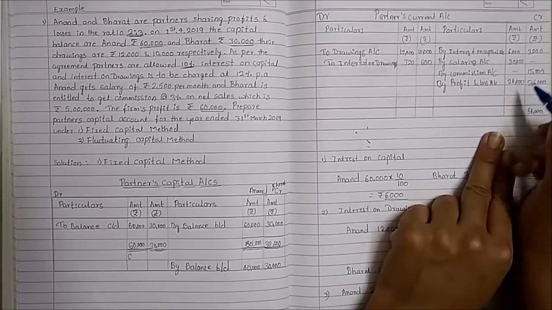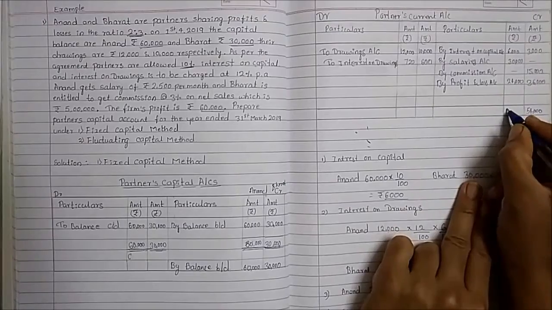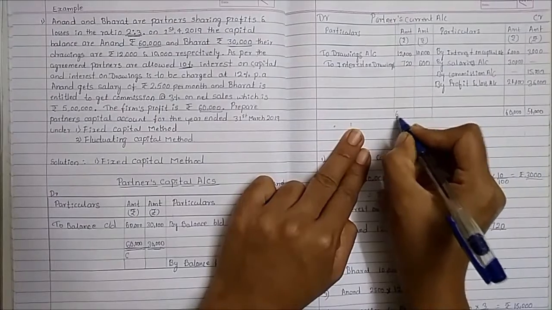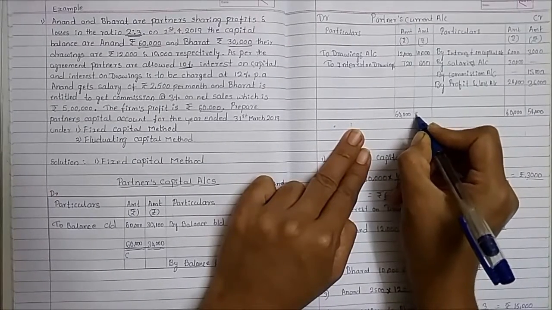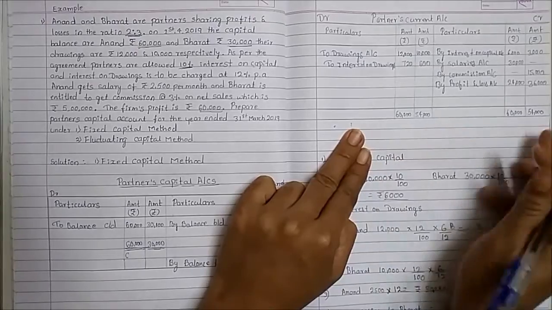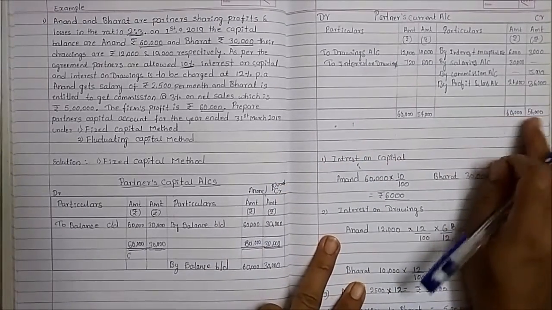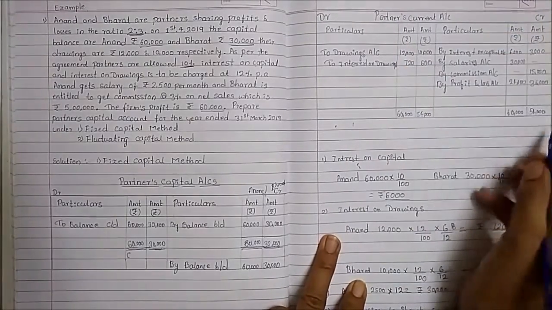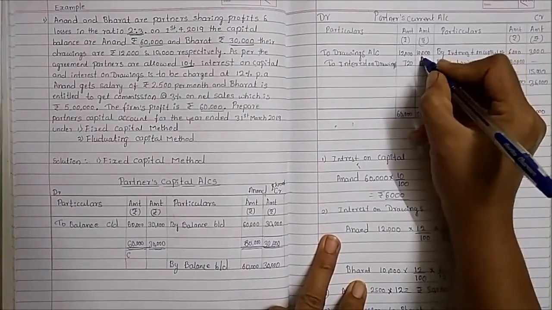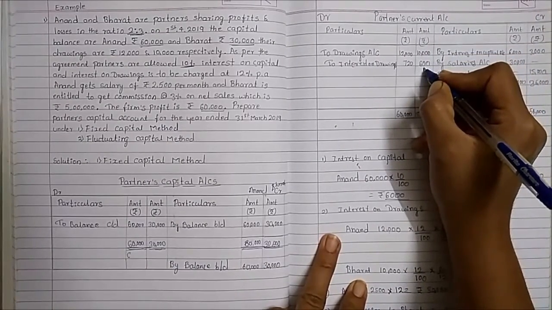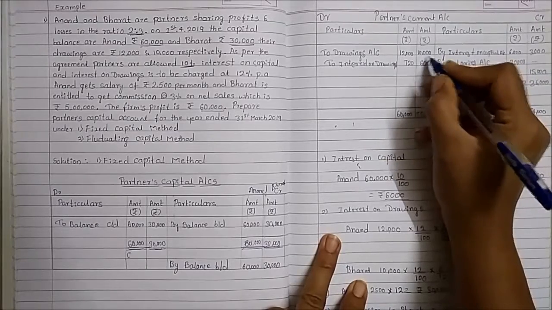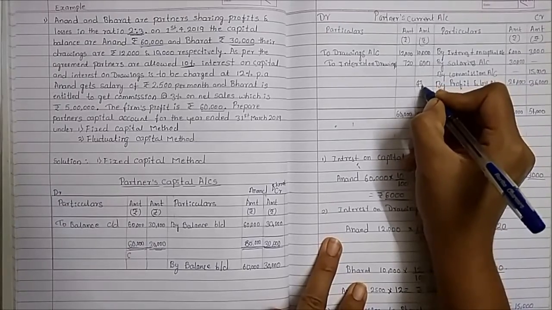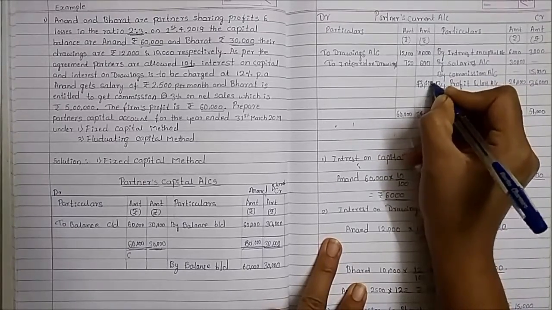Then 6,000, 30,000 and 24,000 become 60,000. So we are balancing both sides, 60,000 here and 54,000 here, which are the total credit balances. In the 54,000 we are going to subtract 10,000 and 600. After subtracting 10,600, the leftover balance is 43,400.